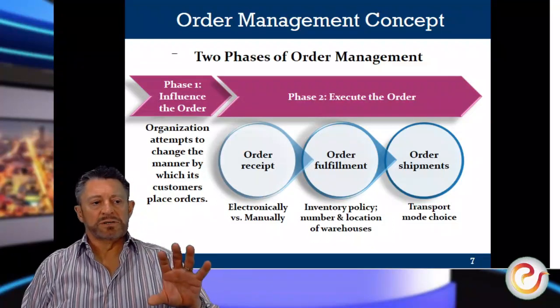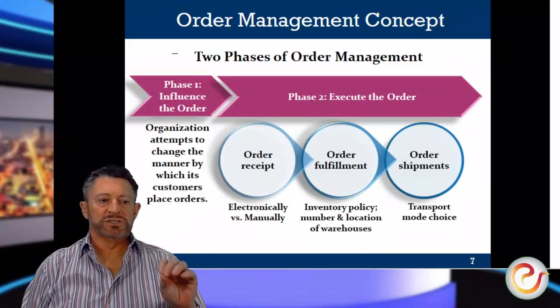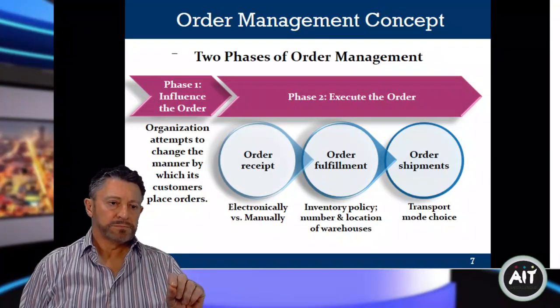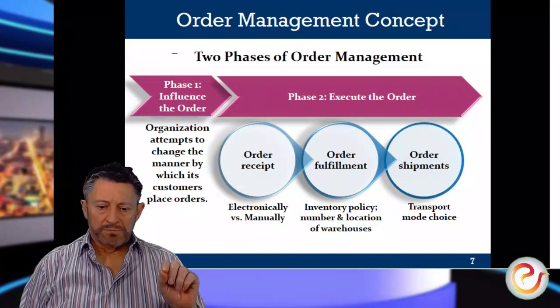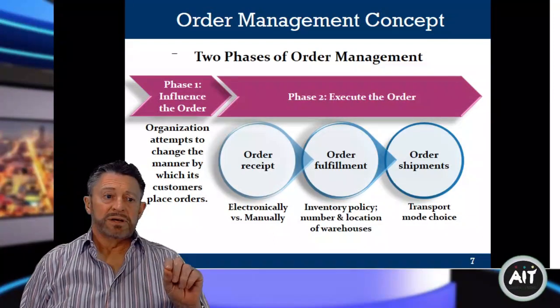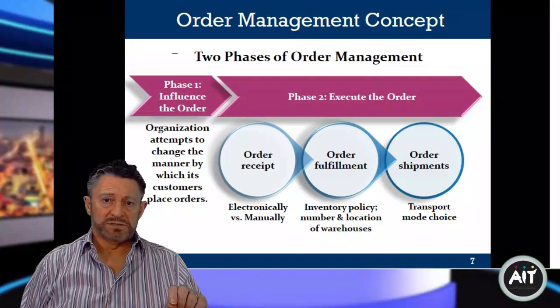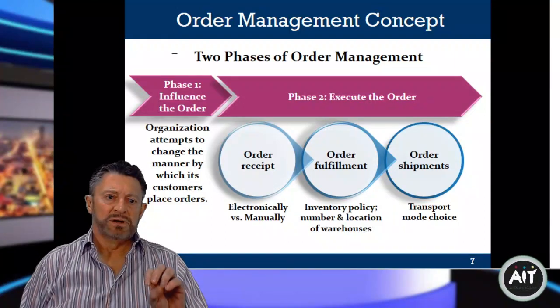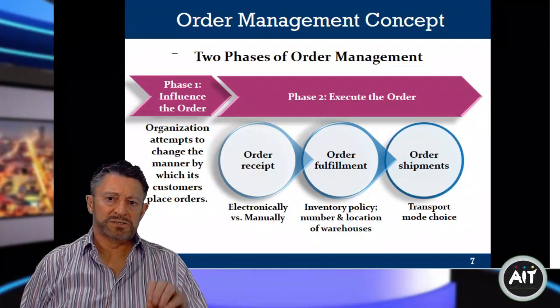And in phase one, the organization attempts to change the manner in which customers place orders. Now that's important, and more so today. Why? Because if you don't have an online presence or a channel, then you're missing out on sales. So you have to have multiple options for customers to be able to access your products.